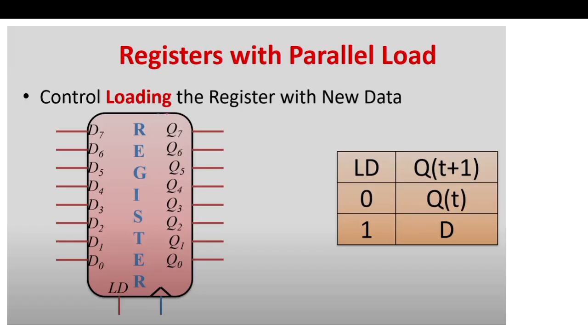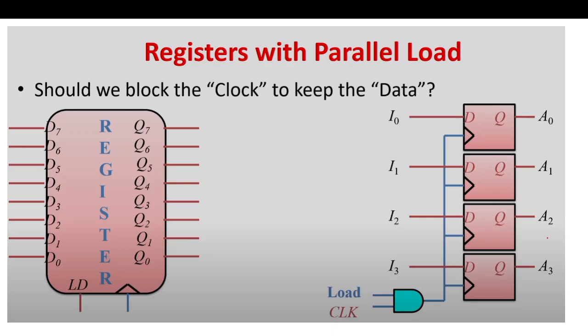So registers with parallel load, that means whatever is the content here, we can parallelly load and it will go to the output. Now if we want to load it, that means if load is 1, it should enable this based on the clock signal.